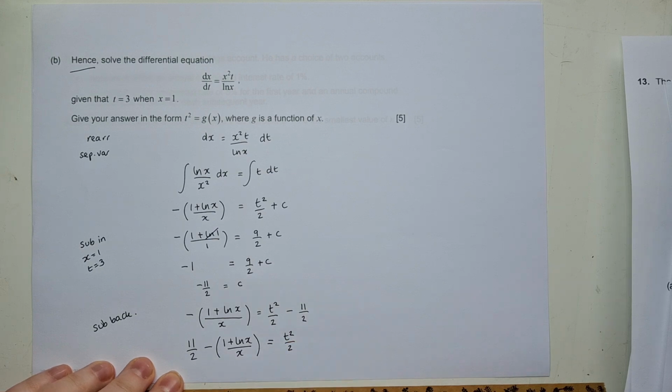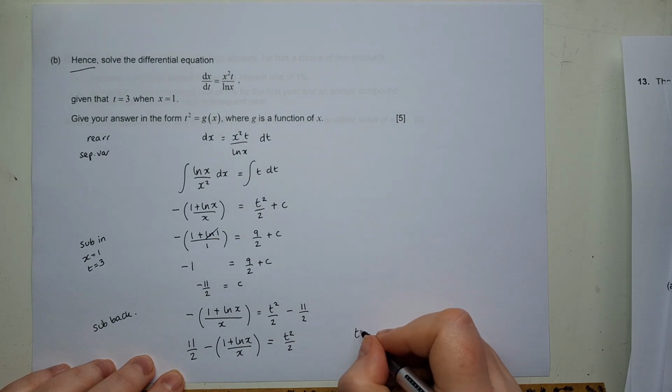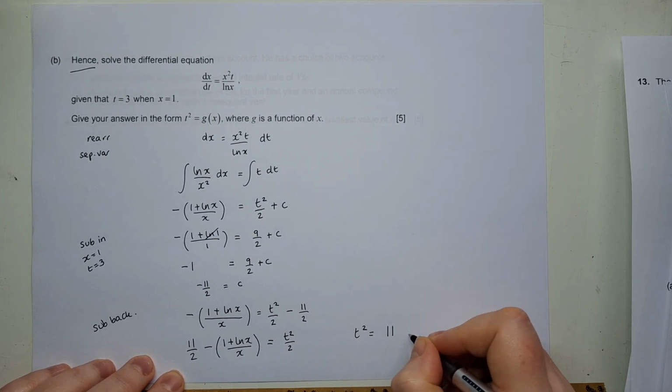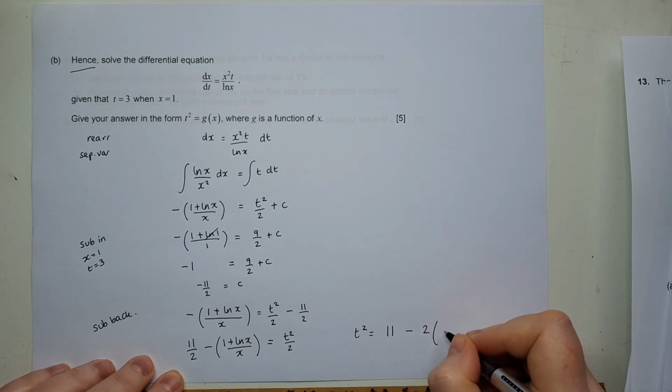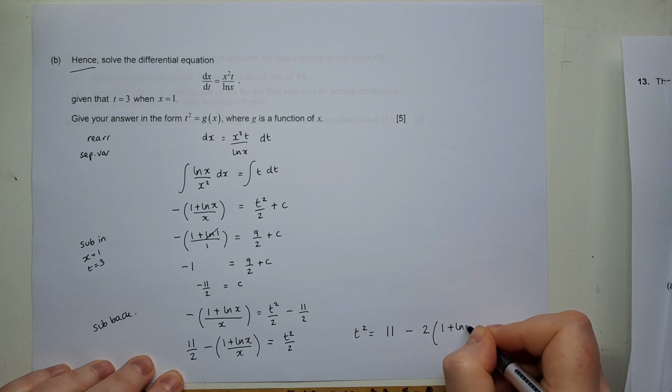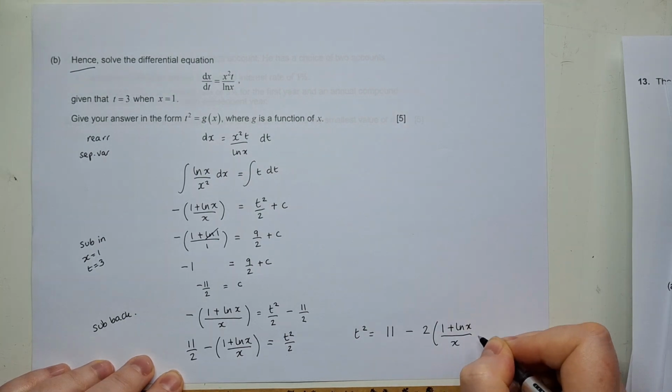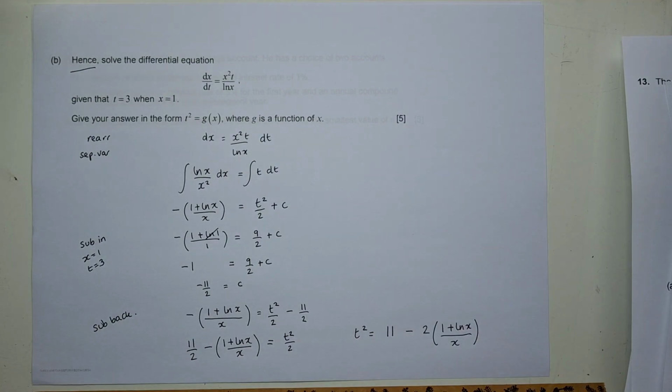Like that. And just times through by 2. So that's going to give me an 11 minus 2 lots of 1 plus ln x all over x. And there's our answer in that correct pattern.